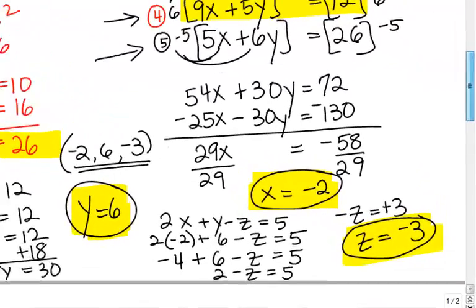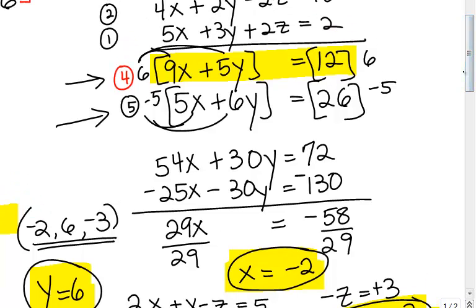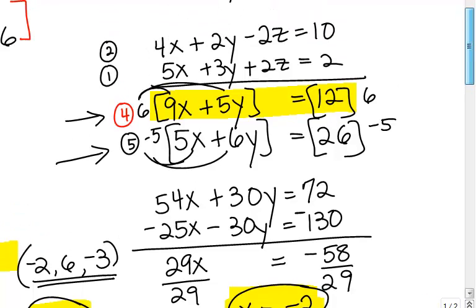So let's talk about the process a minute. We numbered the first 3 equations. I always look for a coefficient of 1 if I can do that on elimination. Pick a column and eliminate that same variable. You can work with any pair. Like I worked with 1 and 2, and then I worked with 2 and 3. I could have worked with 1 and 2 and 1 and 3.